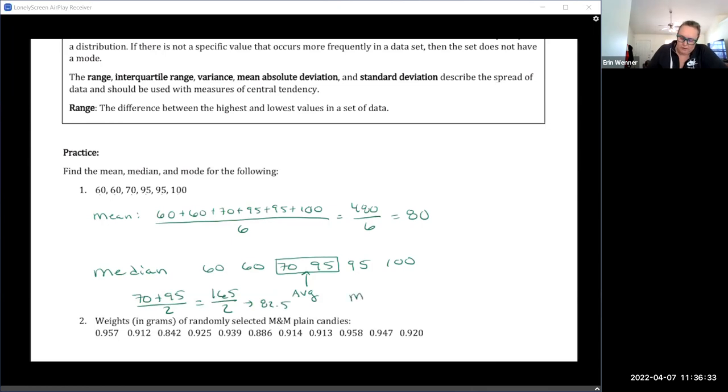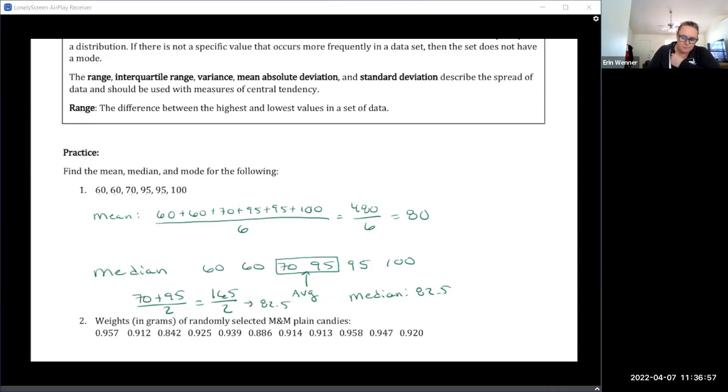Therefore, the median is 82.5. So you'll notice both the mean and median can be values that aren't even listed in the set of data, because the mean is the average of all of them, and the median is what that middle value would be. Obviously, if there's 2 middle values, we have to average them and find that.